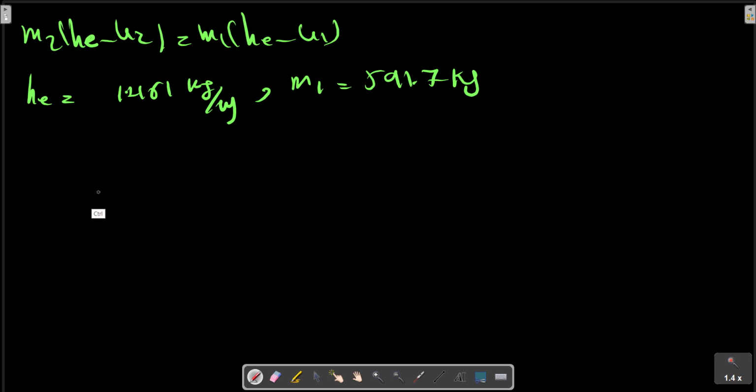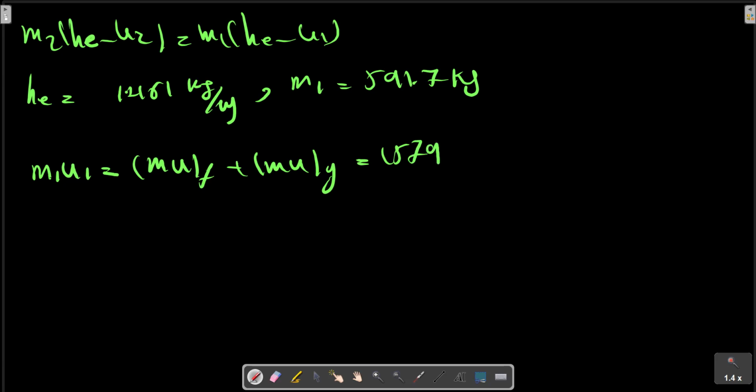The u1 can be calculated as this relation: m1 u1 equals m u for the liquid plus m u for the vapor.